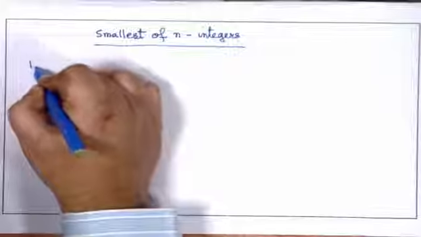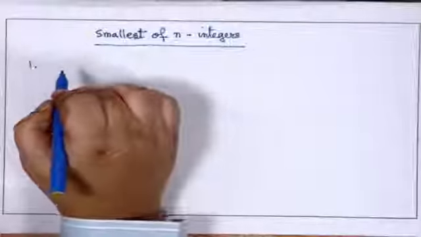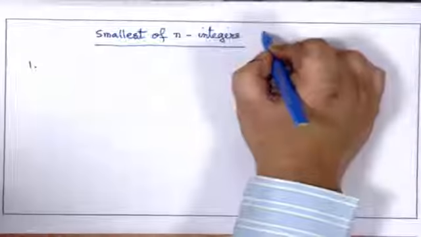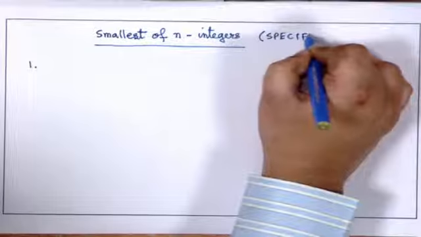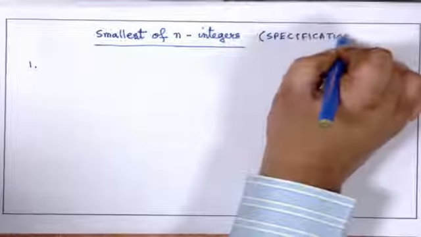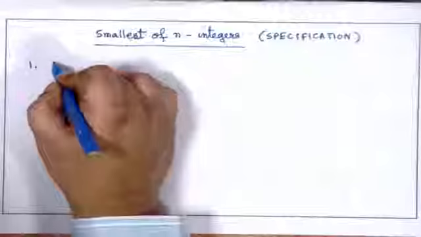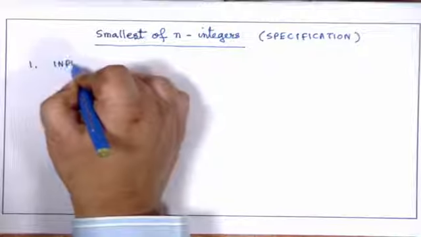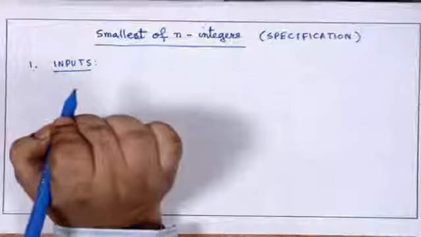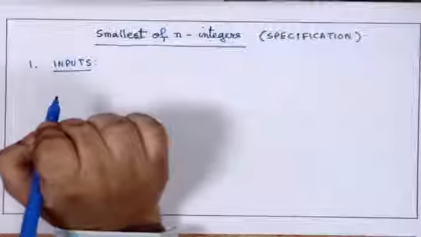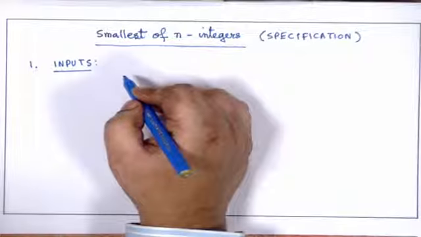The first thing that a student should do in specification, so we are looking at specification, the first thing that the student should learn is to specify the inputs. Now, here let us look at what options we have.